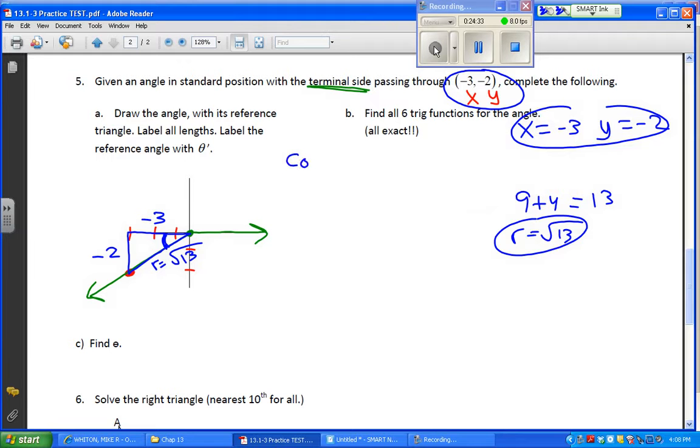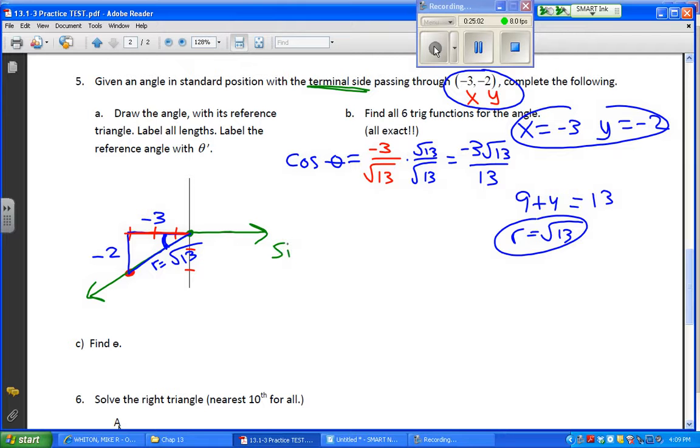If we want the cosine of theta, it's adjacent over hypotenuse. The adjacent is the x value. The hypotenuse is the r value. So x over r. If we just rationalize that, times root 13 over root 13, we will get negative 3 root 13 over 13. There's the cosine of theta.